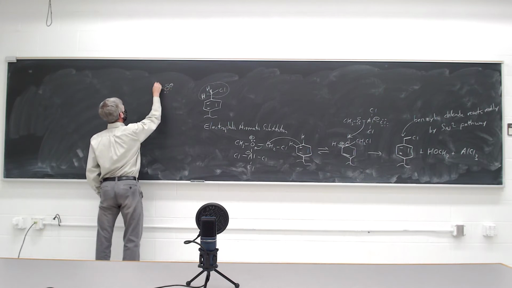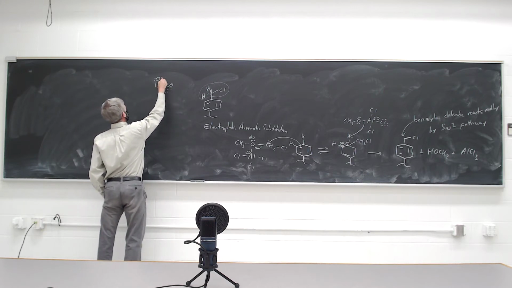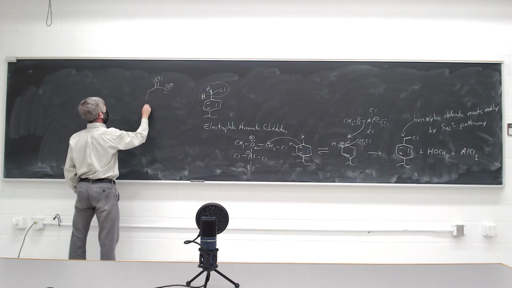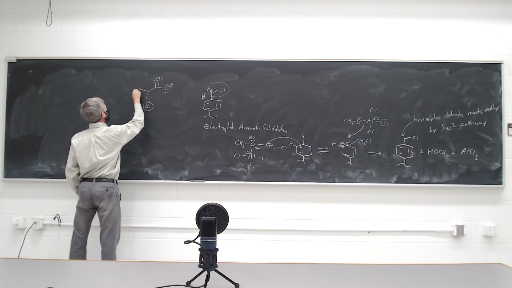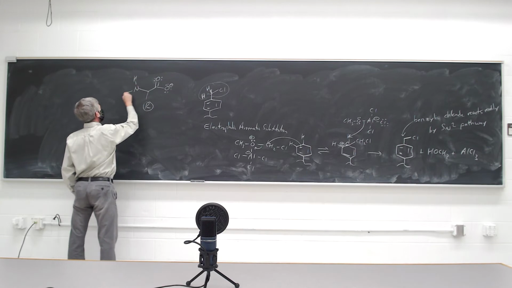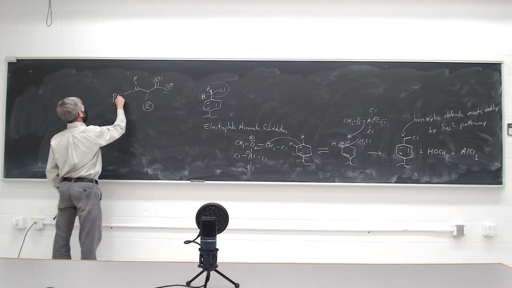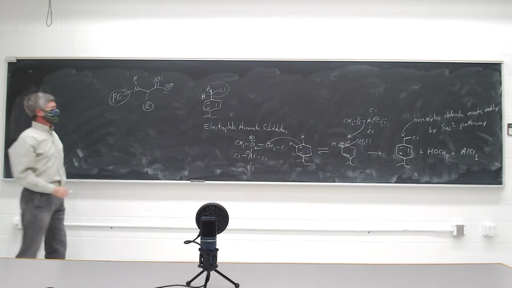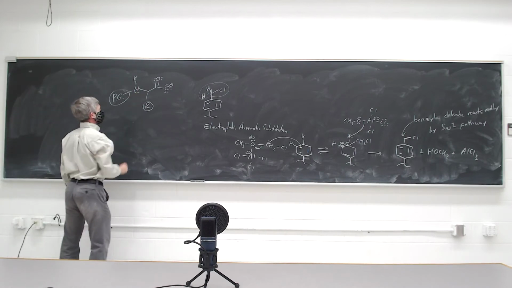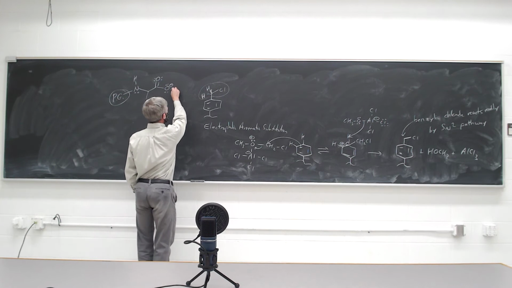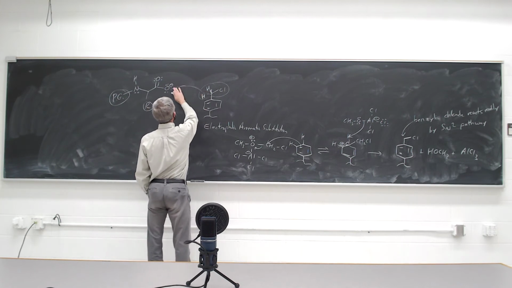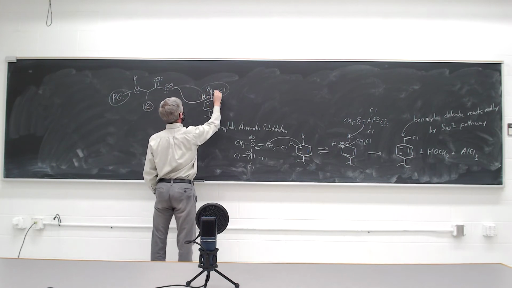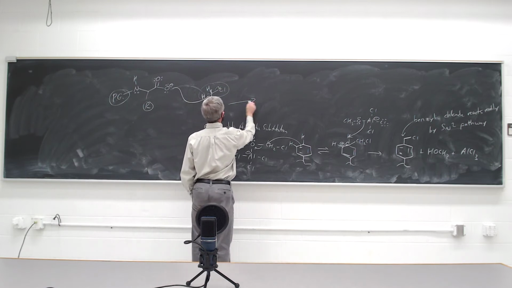We have our negatively charged carbonyl group. We have our R group on there. And we have some kind of protecting group on the nitrogen. And we'll talk about what that protecting group is in a second. So we have a nucleophile, the C-terminal amino acid. We're going to come in here and do an SN2 displacement.